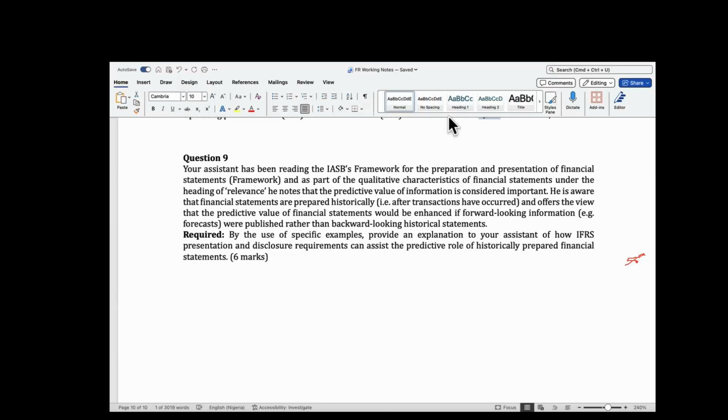It's not something that would happen again. You disclose it separately. With that, users will be able to also predict and make informed decisions, and so on. So these are some of your past questions.